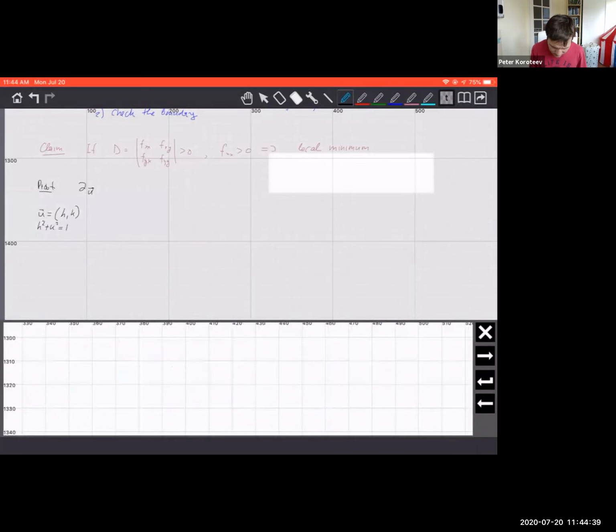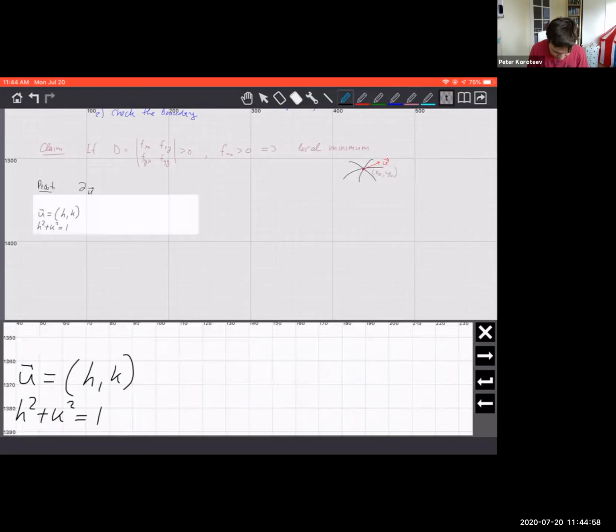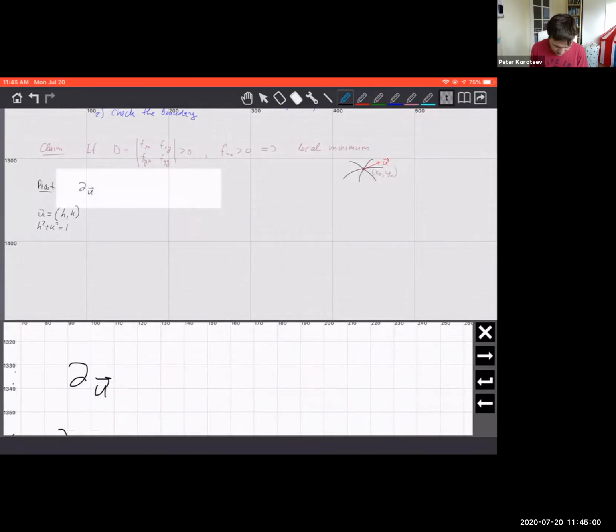So we have our point x0, y0, and then we're picking a direction u, and asking ourselves how the function changes as we move around in these directions, right? So the directional derivative is the scalar product of the gradient vector and the vector u.